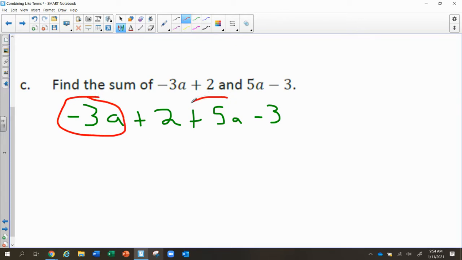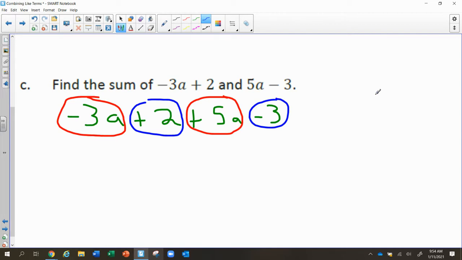I have positive 5A. Notice how I'm circling this as well. It's going to be important, especially when we get into the negative numbers and positive numbers. And then I'll use blue. I have positive 2, and I have negative 3 or minus 3.